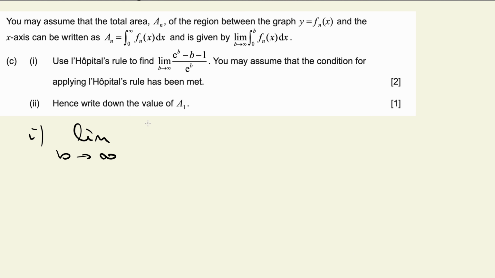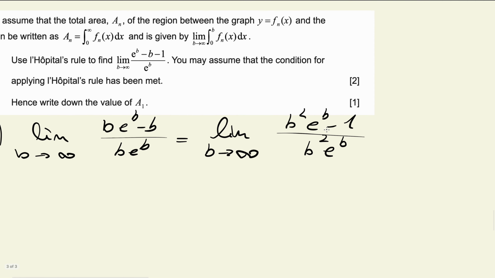So you have to take the derivative of the numerator and denominator. Now if you substitute in infinity, it will still be indeterminate, so you have to take the derivative a second time.